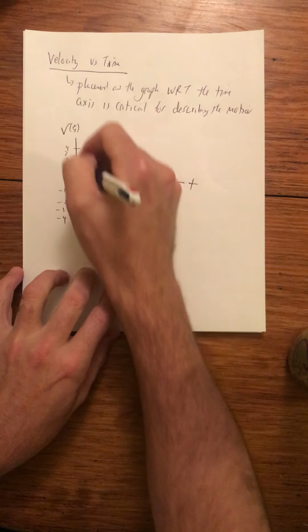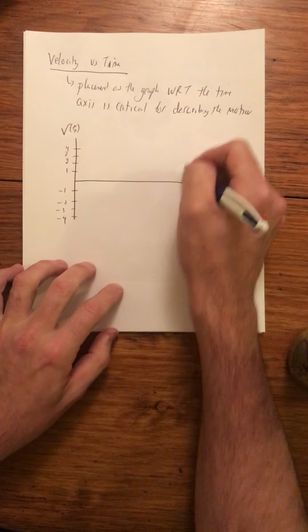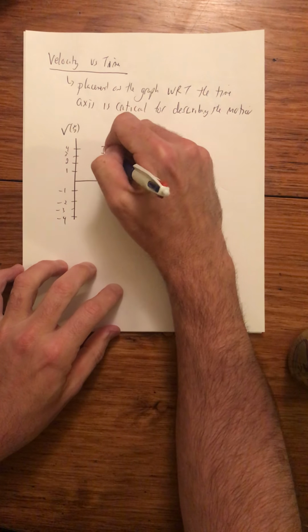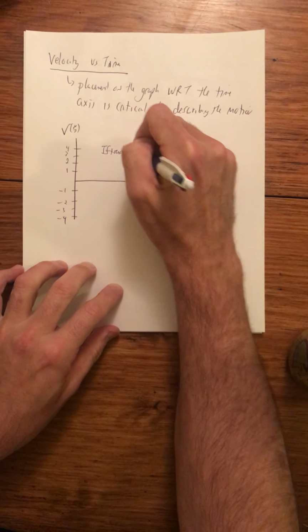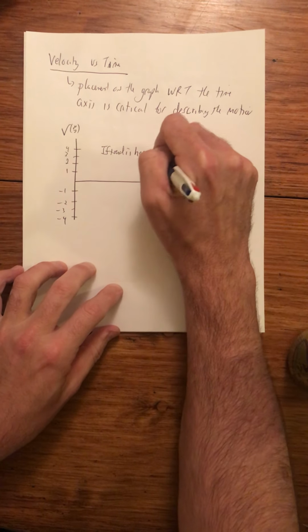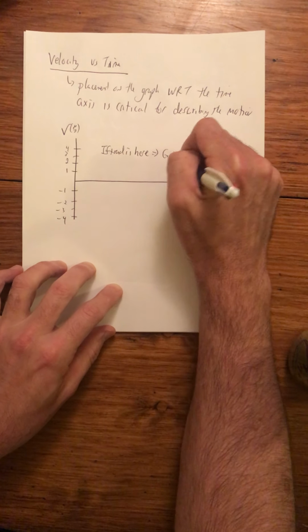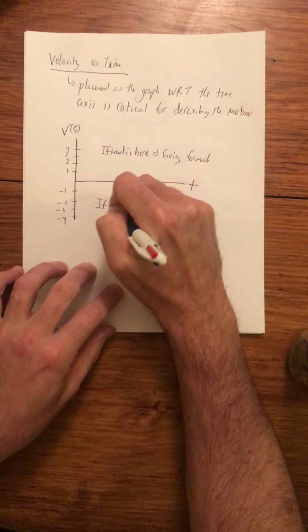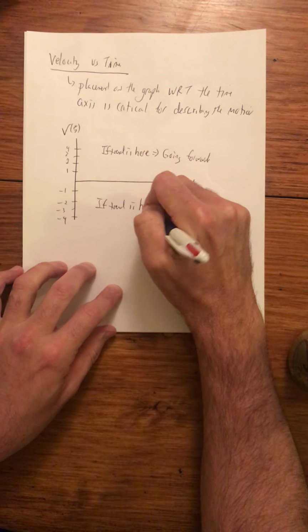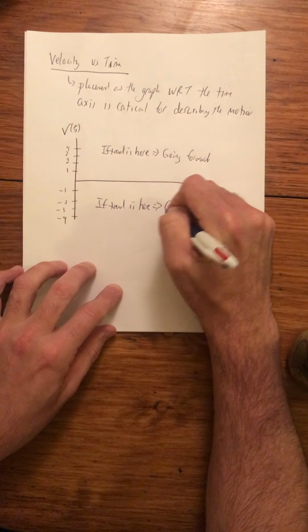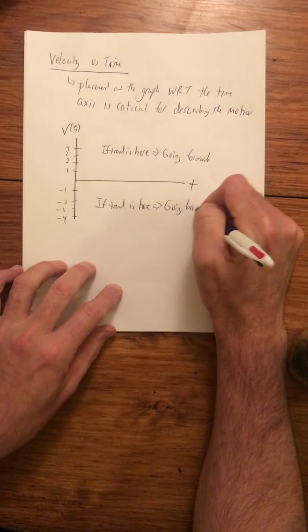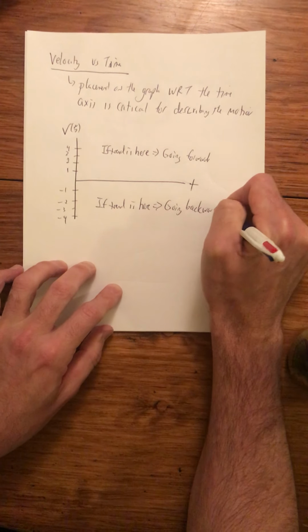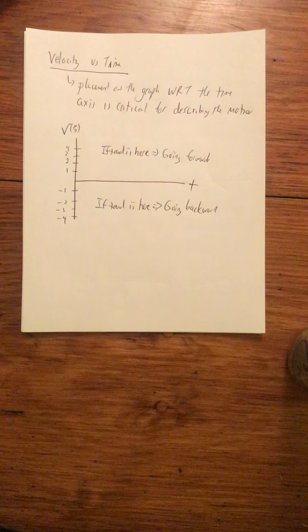So if the trend is here, this object is going forwards. But if the trend is here, that object is going backwards. So the placement on the graph with respect to the time axis matters.